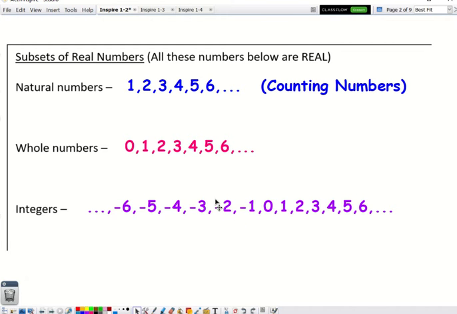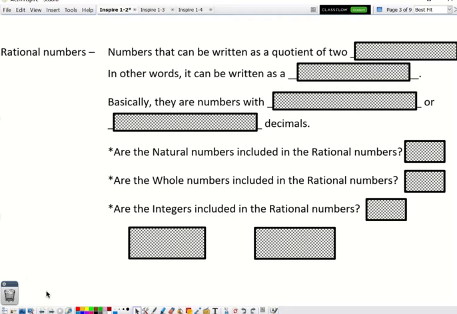You could go -2, -3, -4, -5, -6, -7, -8, and keep that pattern going in that direction, and then also in the positive direction, 0, 1, 2, 3, 4, 5, 6, 7, 8, 9, 10, and in that direction forever. So those are all the integers, or the nice numbers, quote unquote. It also includes the negative nice numbers.